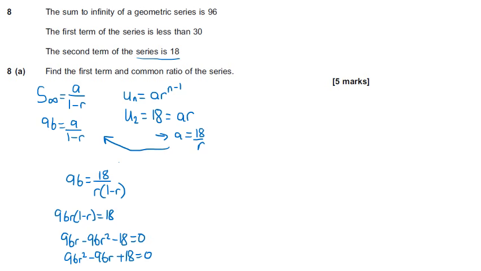And then it's just a case of factorizing this. Now we could use the quadratic equation here, but let's see if we can factorize it. So there's a common factor of 6. So let's divide everything by 6. So we get 16r squared minus 16r plus 3 equals 0.